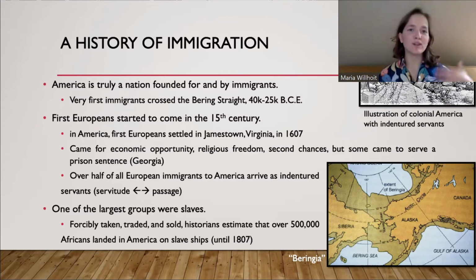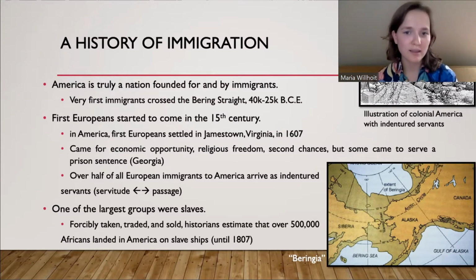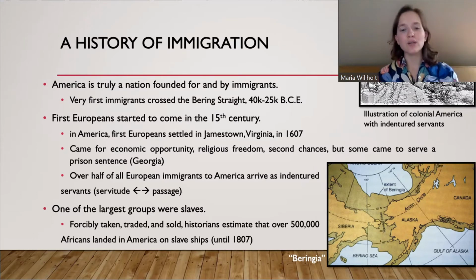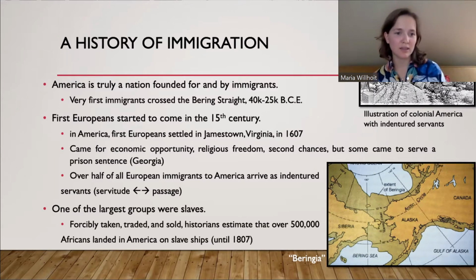But the very first Europeans start to come to America in the 15th century, most famously with explorers like Columbus and Cortez. But the first Europeans to settle in America, as we recalled in our very first lecture, was in Jamestown, Virginia in 1607.